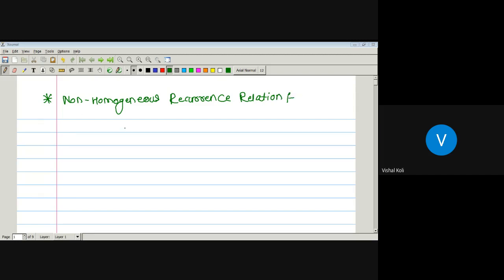In particular we will see the non-homogeneous recurrence relation with constant coefficients of order 2.